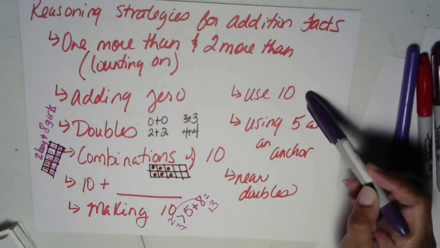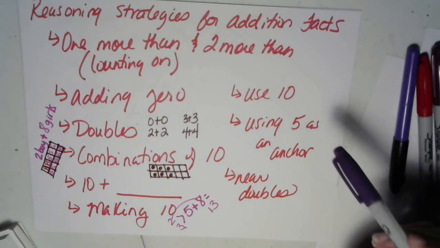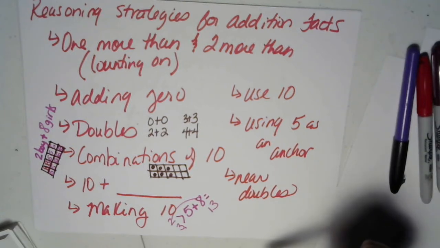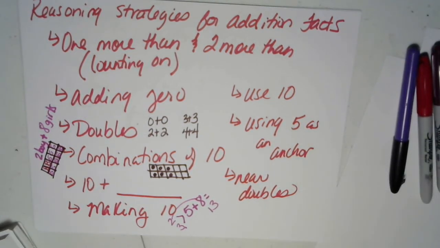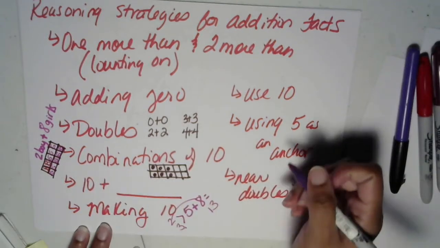Use 10s is a recently researched reasoning strategy. This thinking process, the use of 10s, is different from making 10s, and it works for the same facts. So if you're looking on your chart, it works for all of the ways that you can make 10 or add making 10 or adding 10 to.